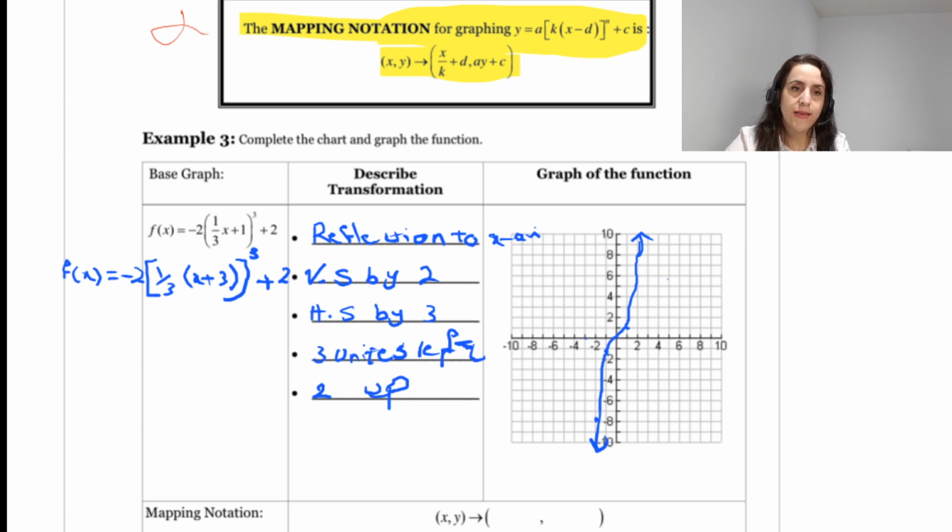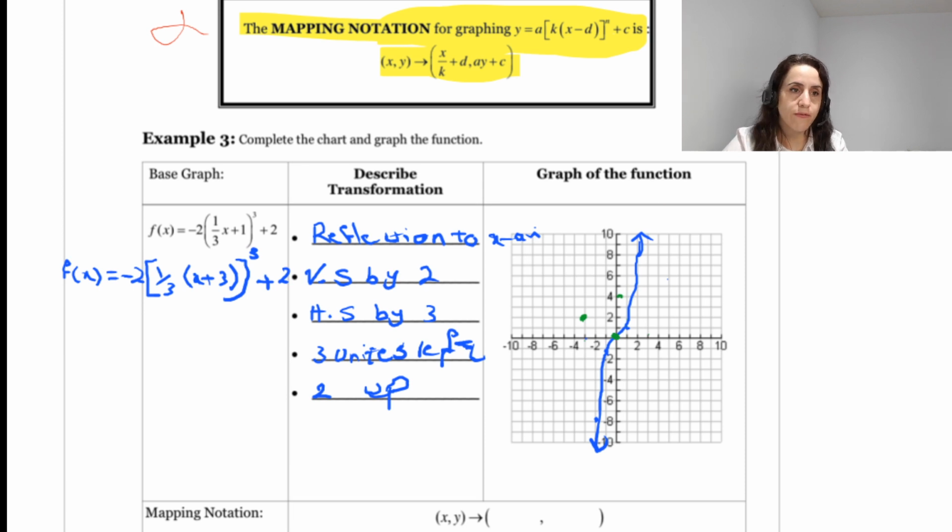Then technically the new center point is 3 to the left and 2 to the top, so 0, 0 is moving to here. It's going to be a reflection. If it's 1 and 1, the vertical stretch makes it 1 and 2, and the horizontal stretch makes 1 into 3. So 3 and 2, but it's going to be a reflection.